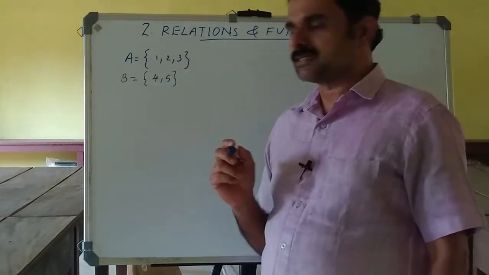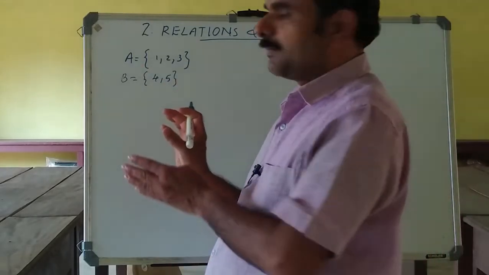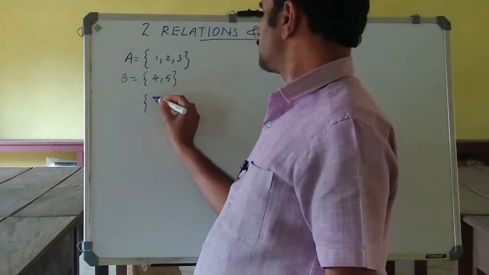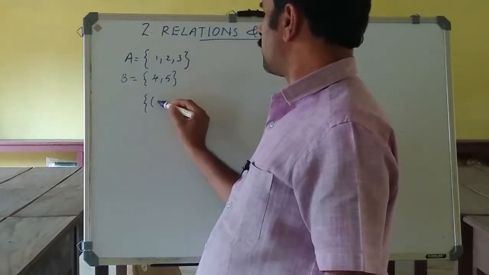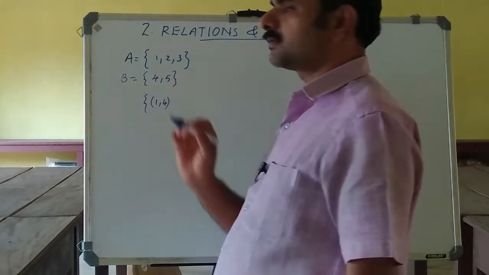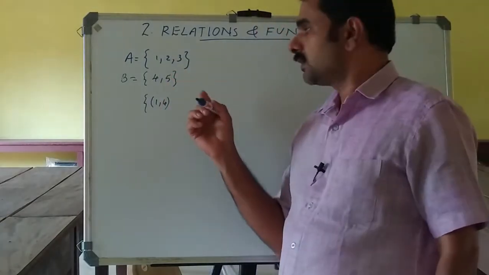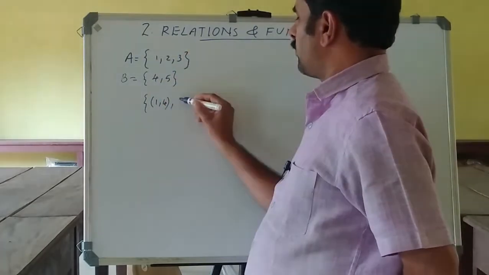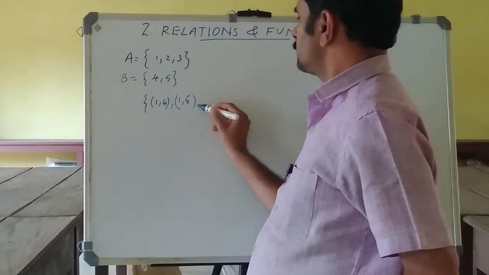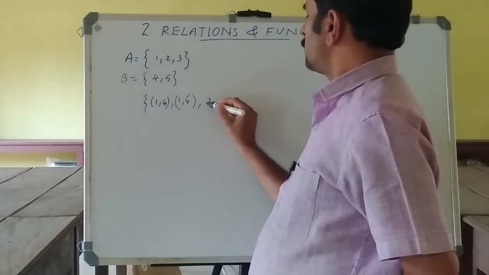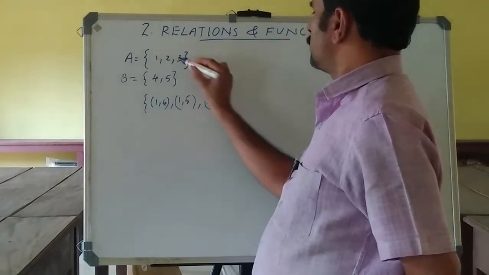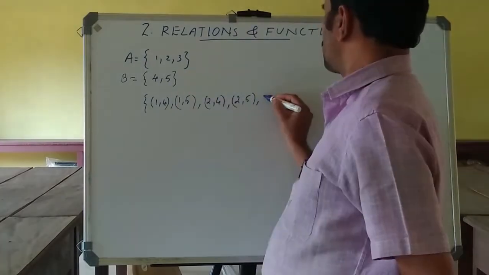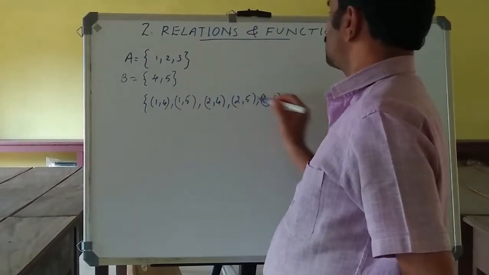Using these two sets, I am describing a particular pattern like this. You see here, (1, 4), a particular type of distribution of elements of these two sets. (1, 4), (1, 5), (2, 4), (2, 5), (3, 4), (3, 5).